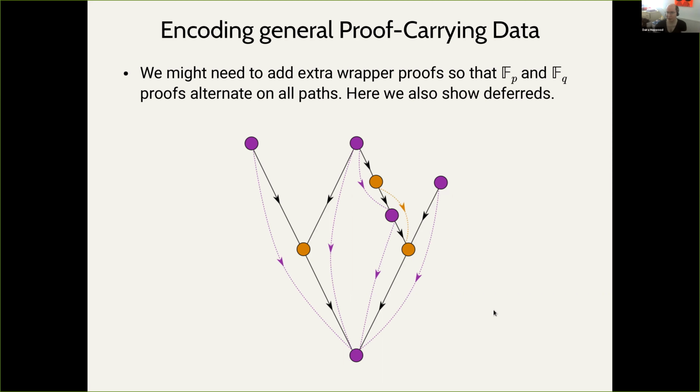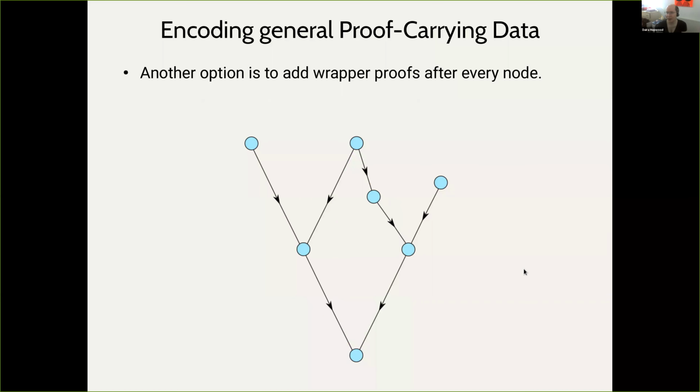And then if we add the deferreds into this picture, each of them bypasses one proof. So this is all we need to check. There's another option that we could do. We could keep all of the proofs in our original graph in one field and just add these wrapper proofs in the other field.